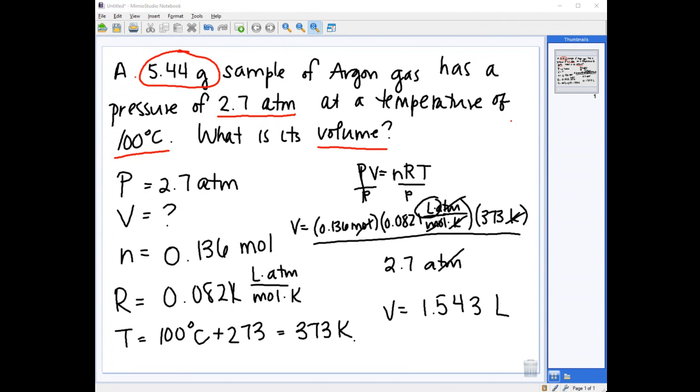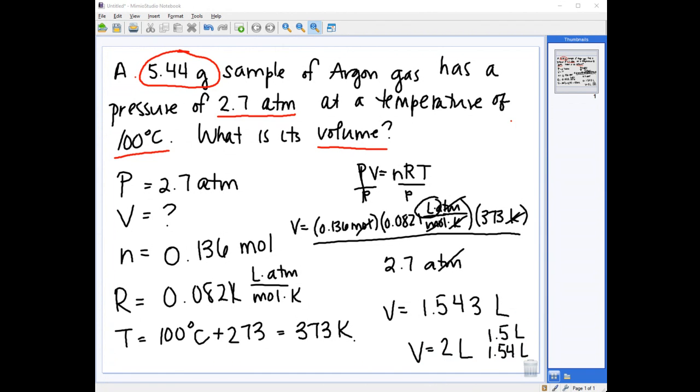So technically, following our rules for significant digits, my volume is 2 liters. But if you put 1.5 liters or even 1.54 liters, I would not count that wrong. Because sometimes temperature is going to throw us when we look at our significant figures.